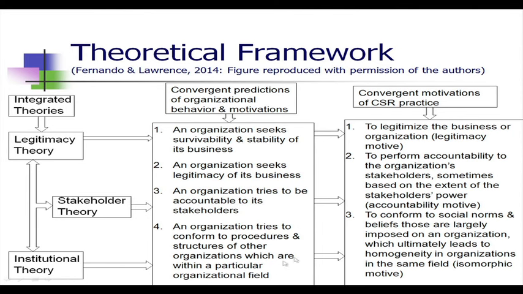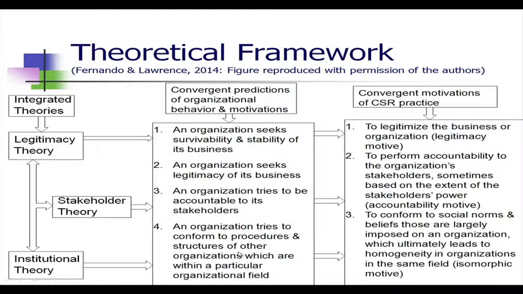And then the institutional theory says that there is conformance of procedures and structures of other organizations, and that in turn translates into conformity to norms, to social norms and beliefs. Those are largely imposed on an organization, which ultimately leads to homogeneity in organizations in the same field.